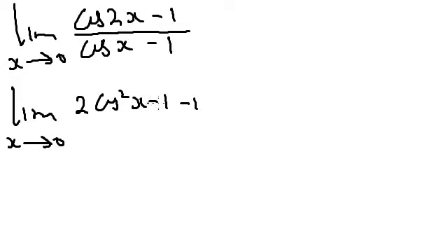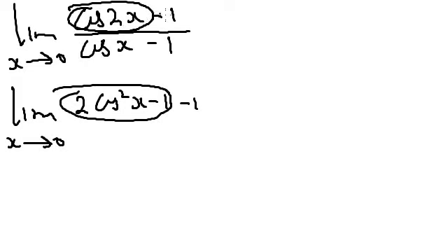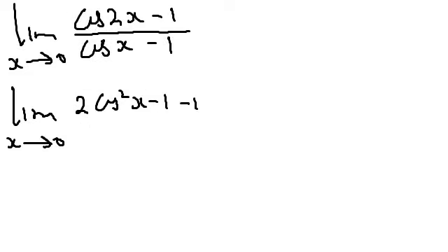Okay, please don't get me wrong. This is the same as cosine 2x. This minus 1 is left aside, which is right here. Okay, perfect. So therefore, we can now divide that by cosine x minus 1.